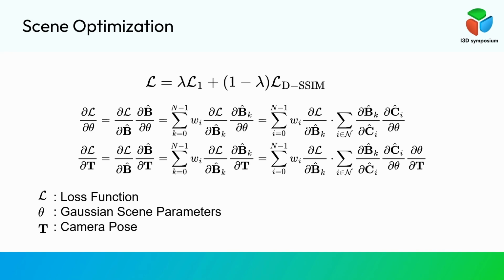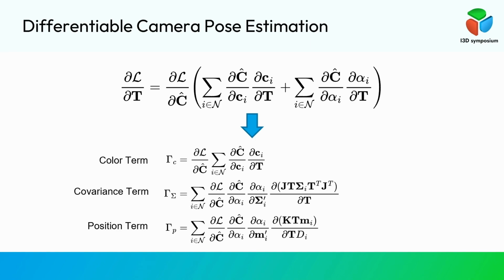In addition to optimizing the 3D Gaussian scene parameter theta, it's also necessary to jointly optimize the control point poses T of the camera trajectory. As you can see here are the derivatives calculated. In order to optimize the pose parameters of the camera trajectory control points, they need to calculate the gradient with respect to the camera pose.